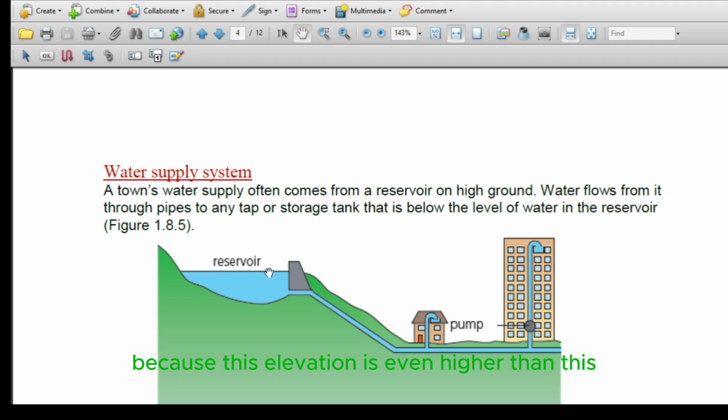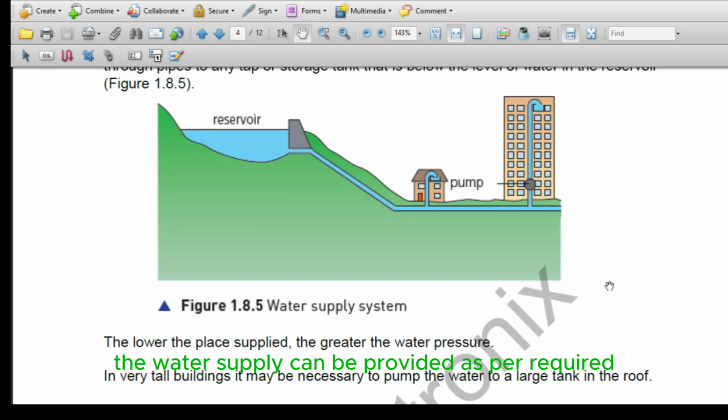This elevation is even higher than this reservoir, plus the bends in the line or tubes also cause pressure drops. So in order to get the water at different levels, the water has to be lifted to the high reservoir tank in the building, so that the water supply can be provided everywhere as per requirement.